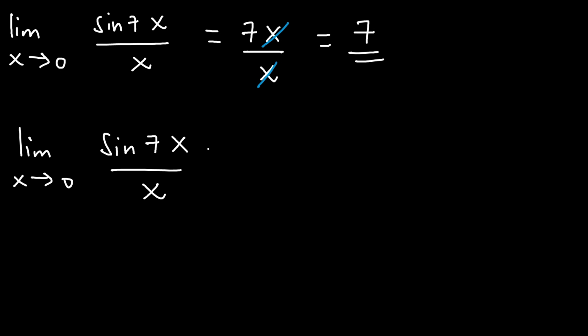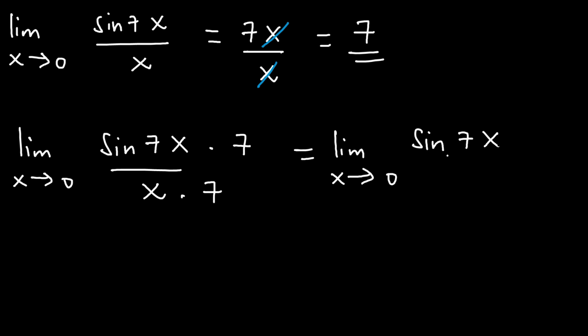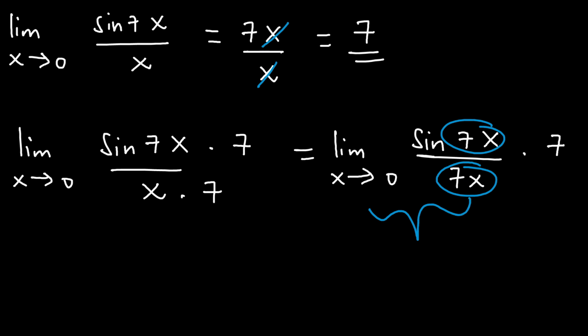Now what you need to do is multiply this by 7 and also this by 7. And this will be equal to the limit as x approaches 0 of sine 7x divided by, now this will be 7x, and then times 7. And as you can see, this is the same as this. So this will be equal to 1. Therefore, this will be equal to 1 times 7, which will be equal to 7. So you get the same answer.